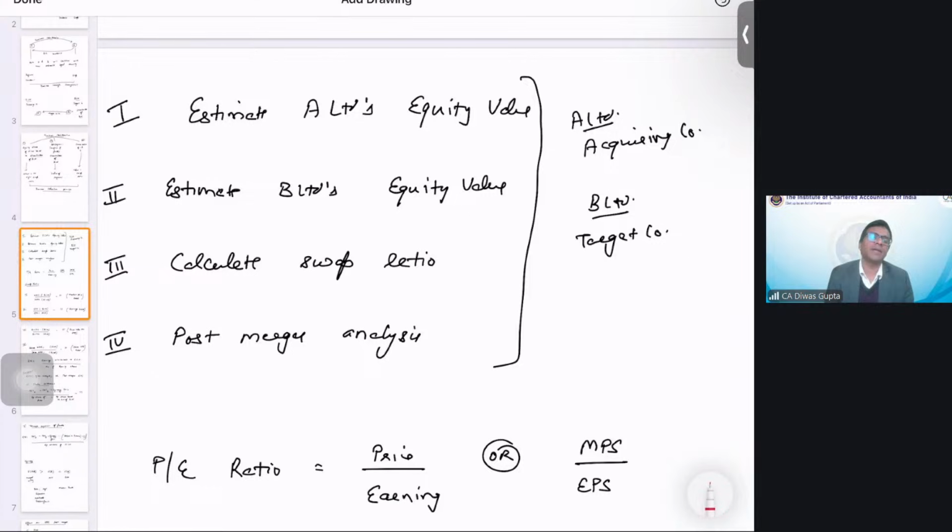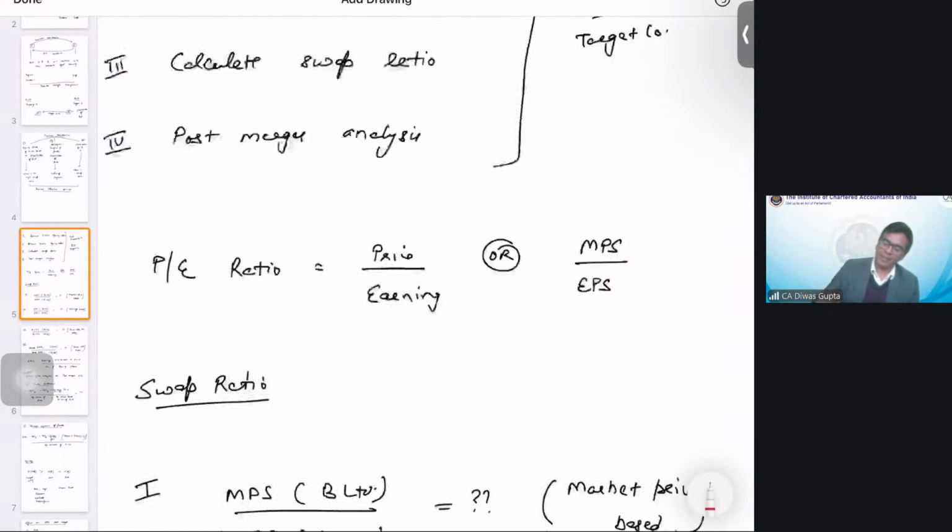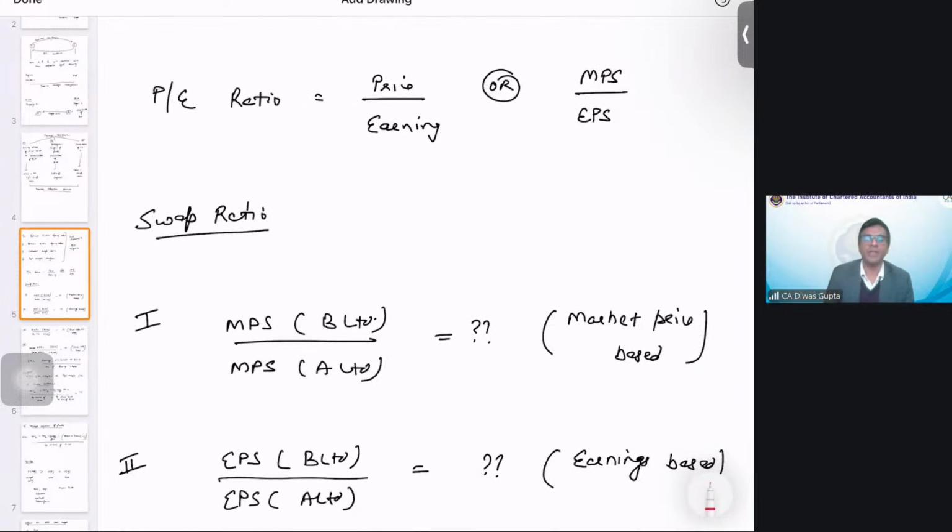Then the last part of the topic, or the conceptual understanding that we need to build, is about the post merger analysis. So let's say you decided before merger that these are the things that you want to achieve. So post merger, whether you have achieved those things or not will be the question that will be taken into consideration.